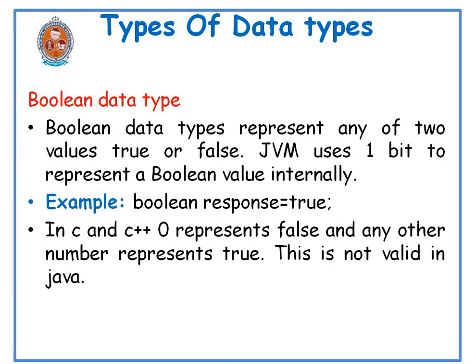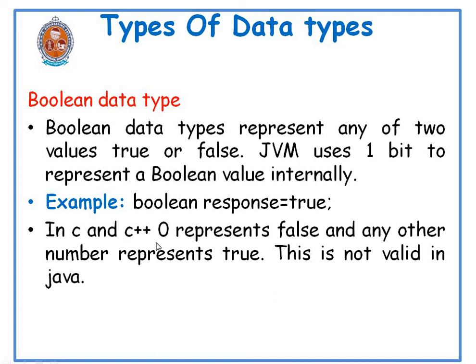Coming to the boolean data type, it represents any of two values, true or false. JVM uses one bit to represent a boolean value internally. For example, boolean response equals true, where boolean is a data type, response is a variable name, and true is the value of that variable.